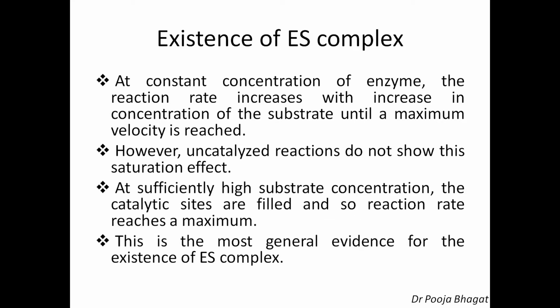So at sufficiently high substrate concentration, the catalytic sites are filled and so rate of reaction reaches a maximum. Hence, this is the most general evidence for the existence of enzyme substrate complex. So I hope this point is clear to everyone.